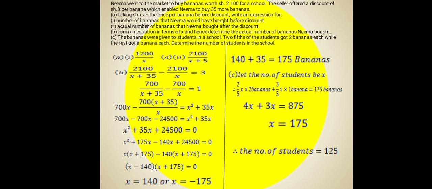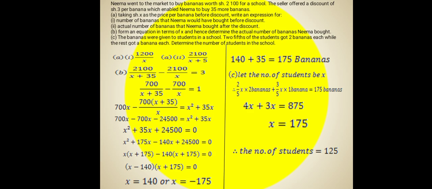Now, let's assume the number of students is x. Now, 2/5 of x multiplied by 2 bananas plus the remaining, which is 3/5 x multiplied by 1 banana, we should get the total number of bananas, which is 175. Now, solving for x, we get that x is 125, which means that the number of students in that school is 125.